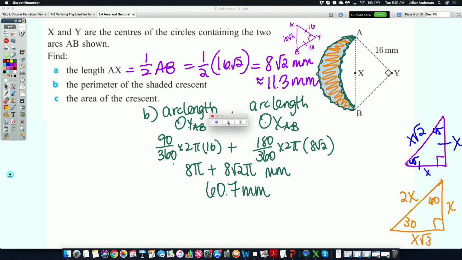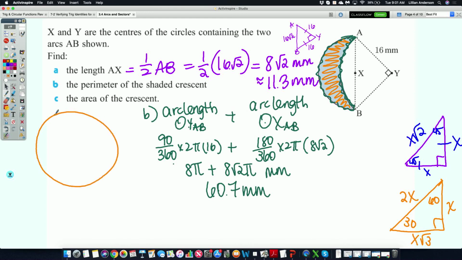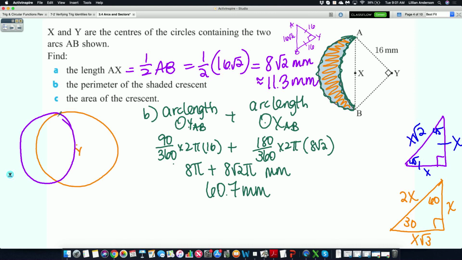So this is basically what you have here. You have circle Y, and then you have circle X that also shares a part of it. It's kind of like a concentric circle in the sense that this is circle X here. Our job is to find the area of this part right here.